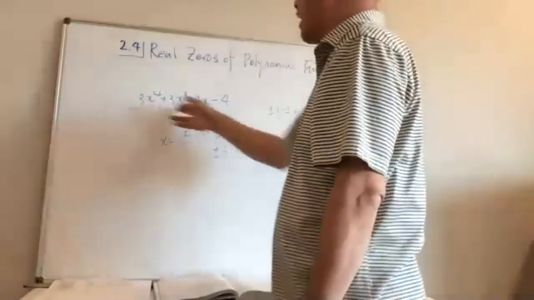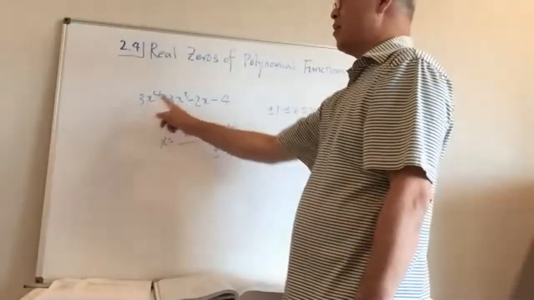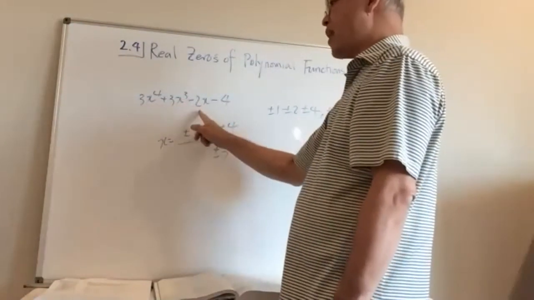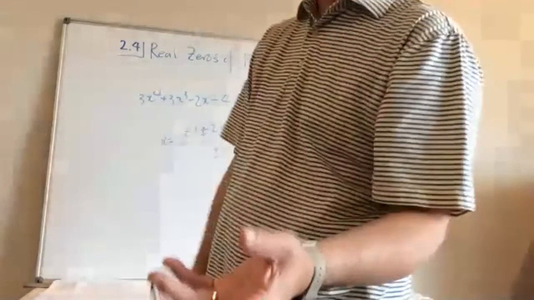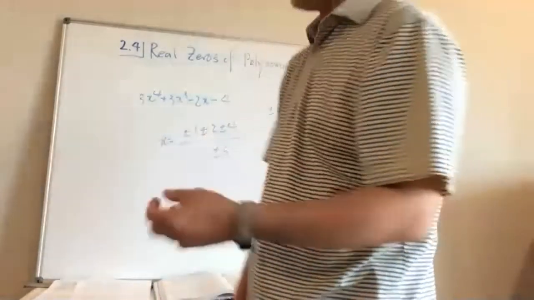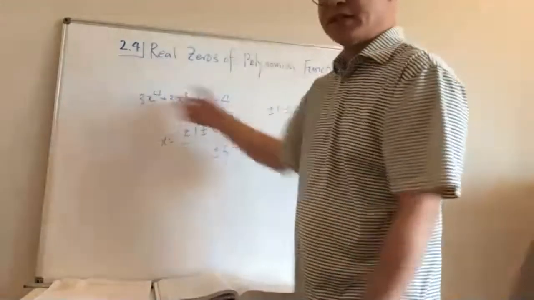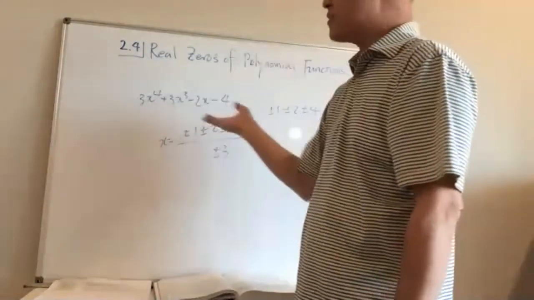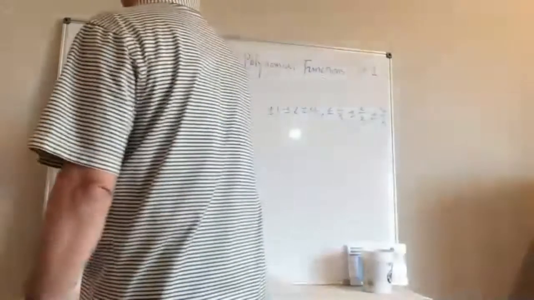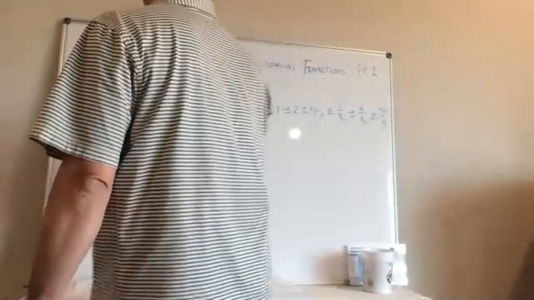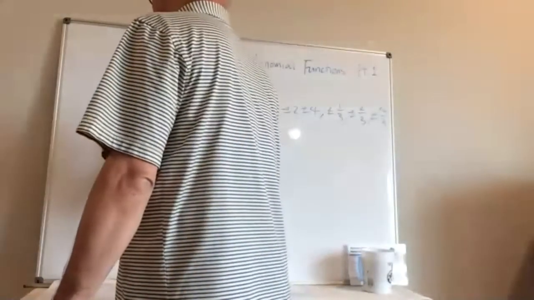If I straight add all the coefficients, I have 3 plus 3 minus 2 minus 4. That means they all add to 0. If this is f of x, this is the same as saying that f of 1 is equal to 0.